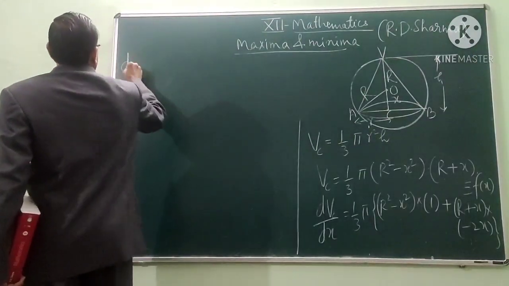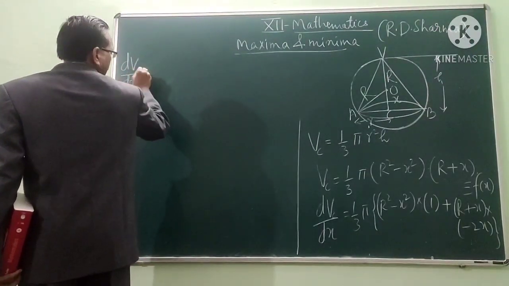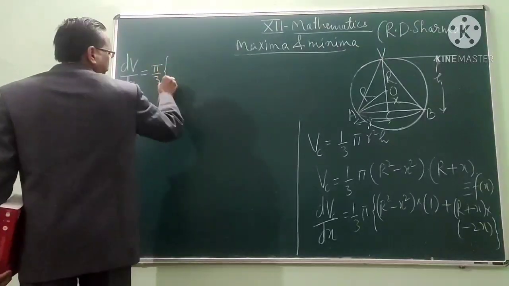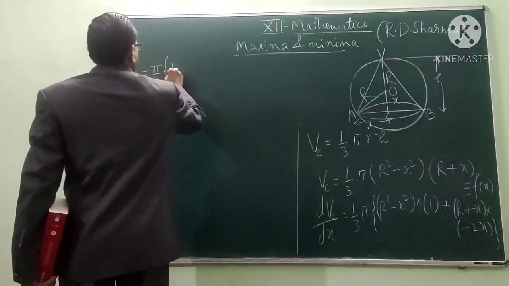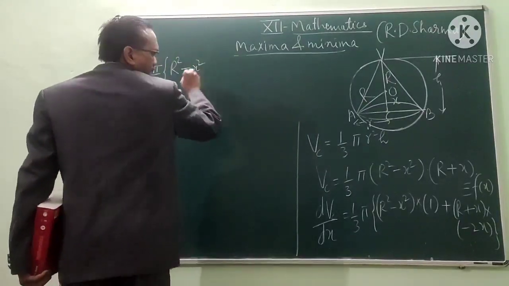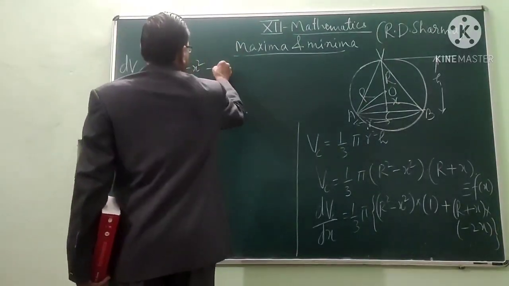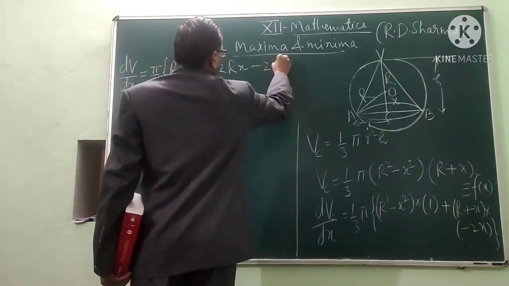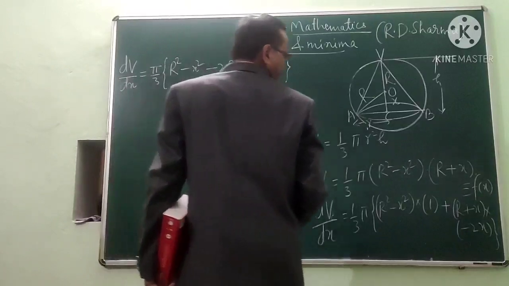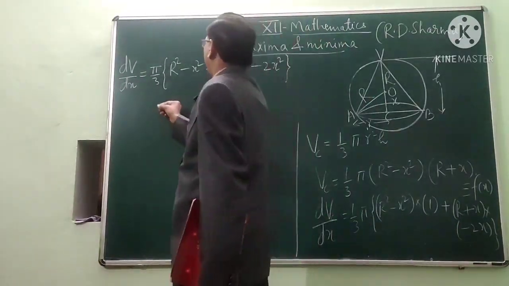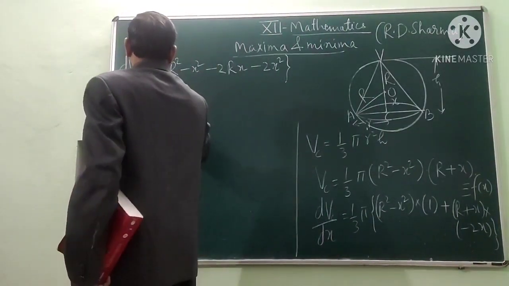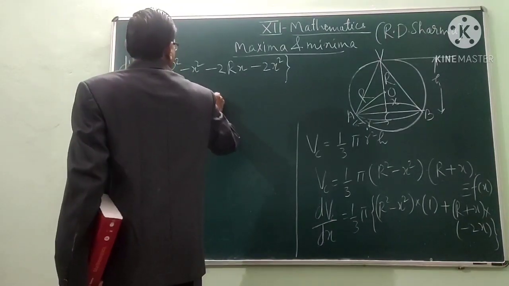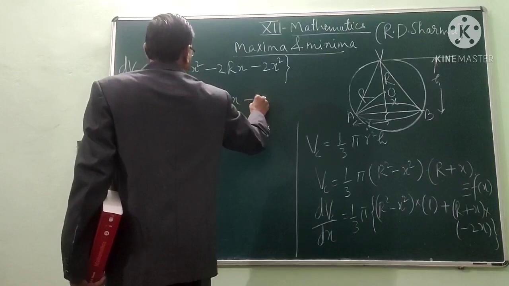Now dV over dx is pi upon 3 times (R square minus x square minus 2Rx minus 2x square), then it is pi upon 3 (R square minus 2Rx minus 3x square).